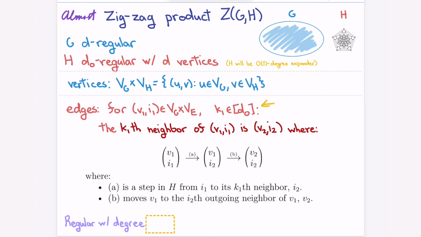All right, so what is the degree of this auxiliary graph? D0. Everyone has only D0 choices, corresponding to choices in H. So that actually accomplishes quite a lot. But there's one basic issue. It's not connected.